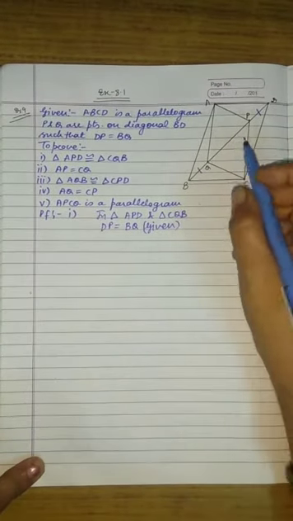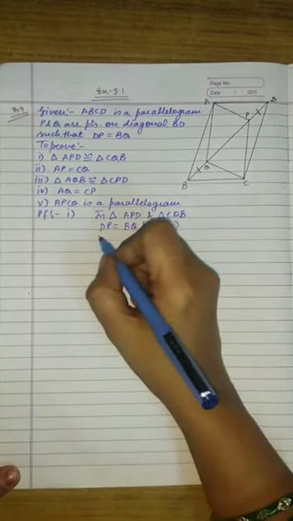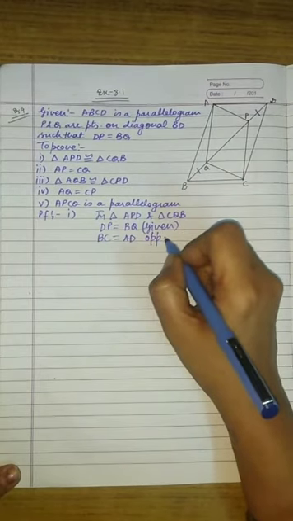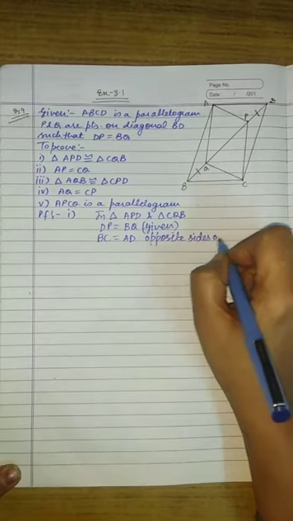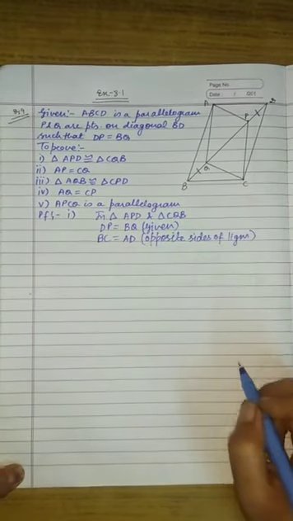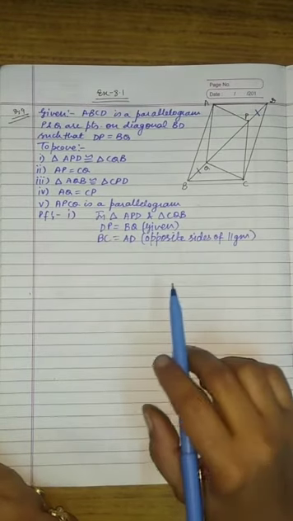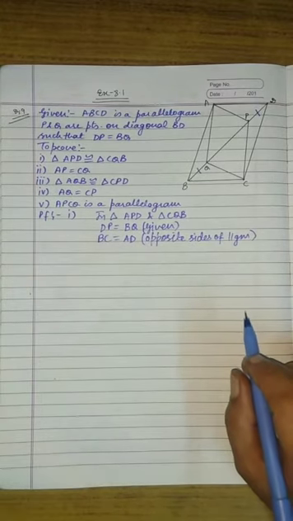Then BC is equal to AD, opposite sides of parallelogram. Then third element, which is equal in both the triangles, is alternate angles.